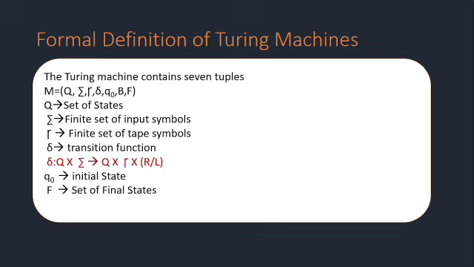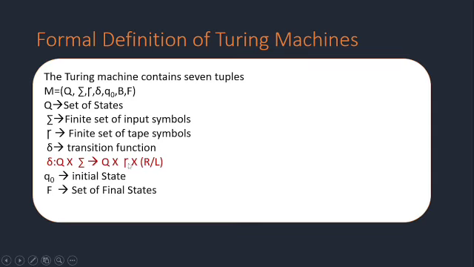The transition function is called delta. Delta can be given as, for example, Q, sigma: when any input sigma is applied on any state Q, you will get an output state Q, and that input symbol sigma will be replaced by tau.